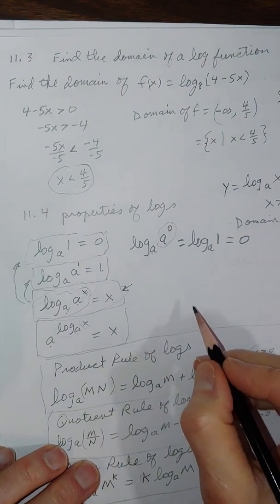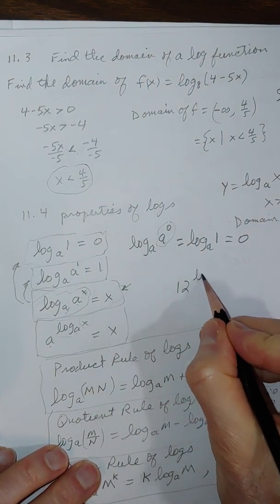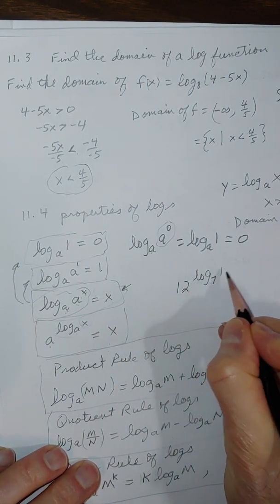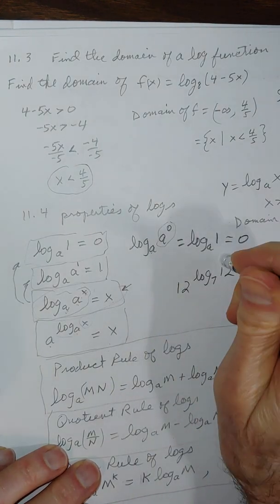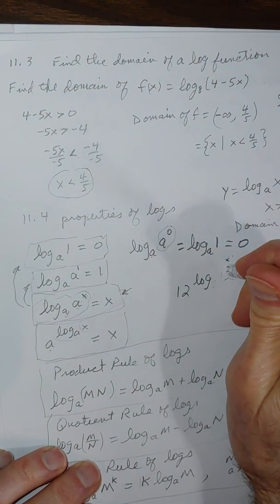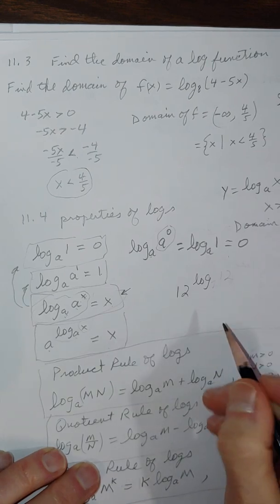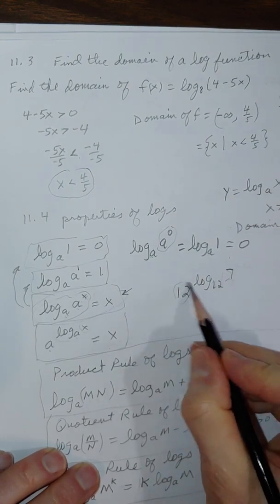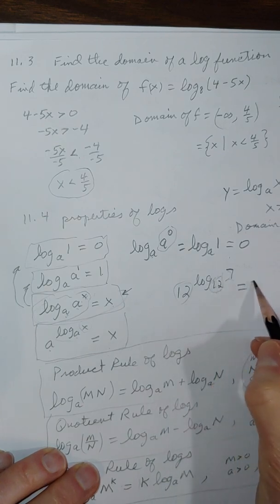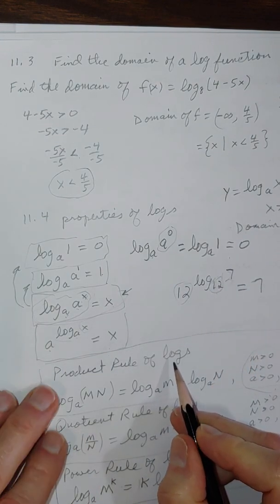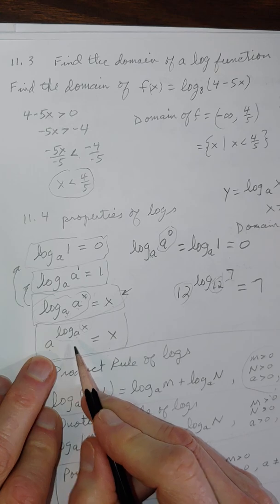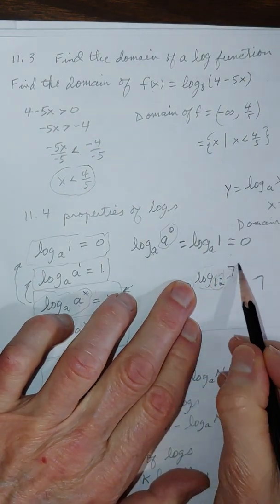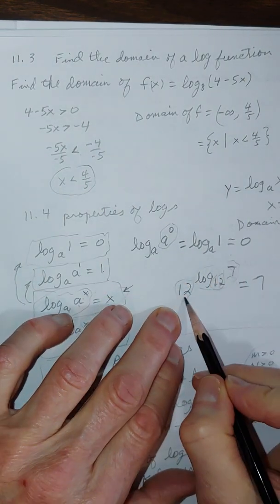If you had 12 to the log base 12 of 7, see, these two numbers are the same. That's this one. That exponent there is the exponent you put on 12 to get 7. So you put it on 12, you get 7.